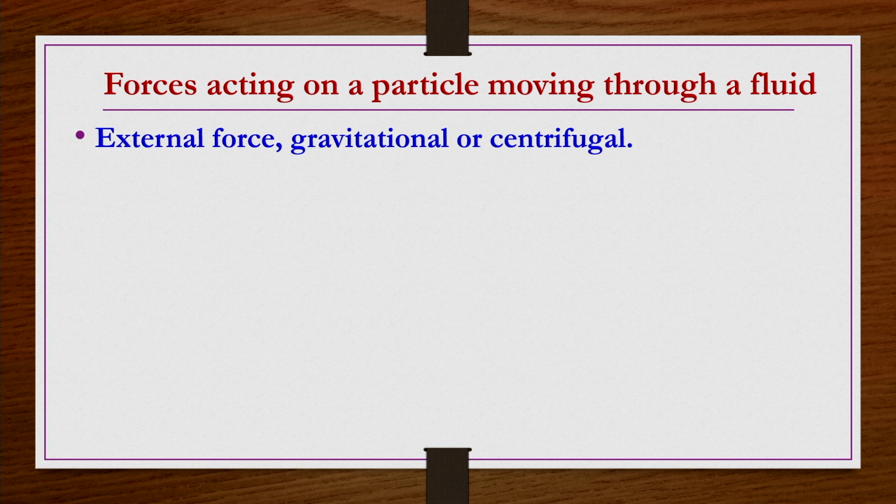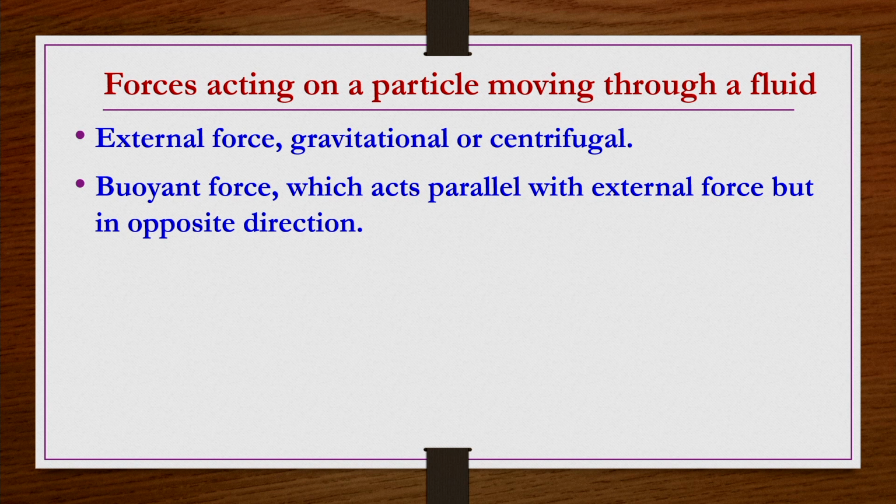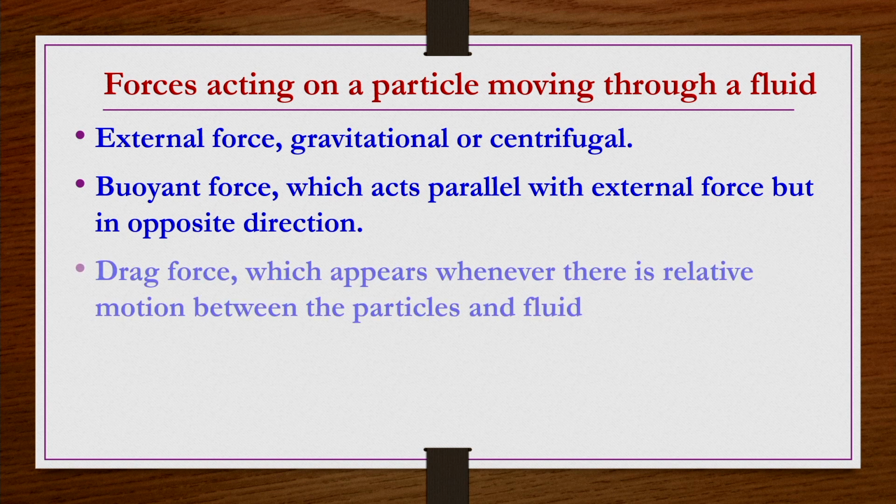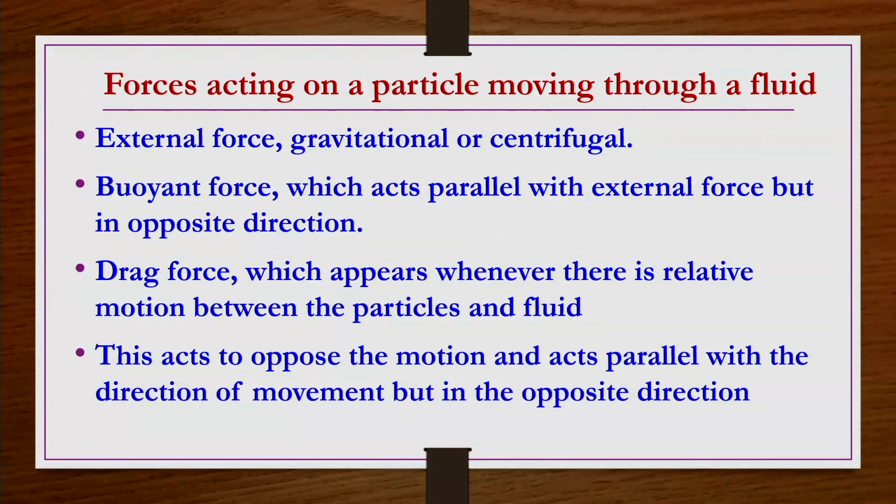But when a particle is moving through a fluid, it may also experience other forces, like the buoyant force, which acts parallel with the external force but in the opposite direction. Then the drag force appears whenever there is a relative motion between the particle and fluid. This drag force acts to oppose the motion and acts parallel with the direction of movement, but in the opposite direction, in general, for a one dimensional flow.